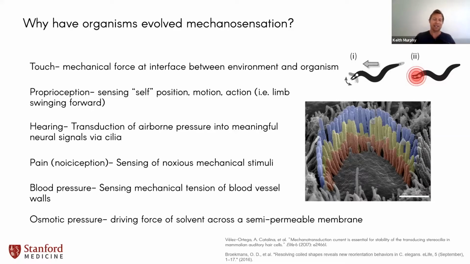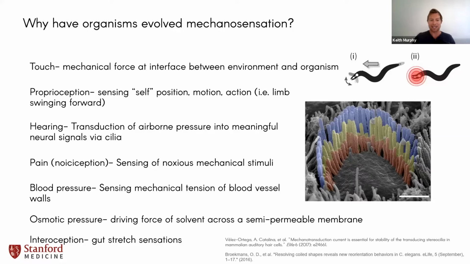That's how I think about osmotic pressure. And then the last one, which I think people will take advantage of in the future, is interoception. One example of that is sensing gut stretch or physical perturbations of digestive tracts and systems.